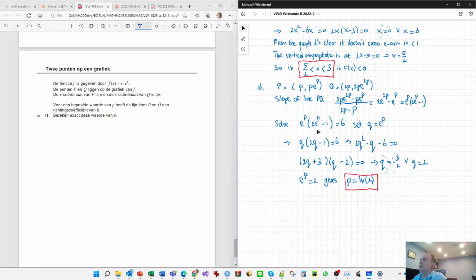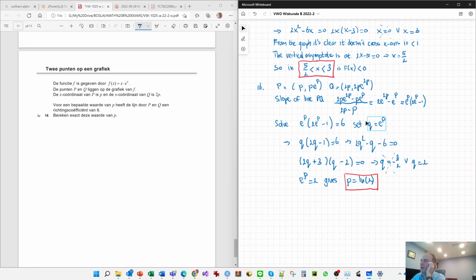Okay, so this has to be equal to 6, so we get e to the power p, so I factorized, e to the power p times (2 times e to the power p minus 1) is 6. So here this is maybe a little bit thinking out of the box. You kind of recognize this e to the power p and e to the power p are the same.